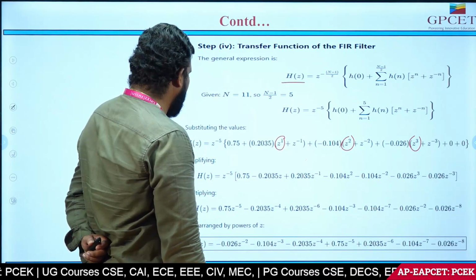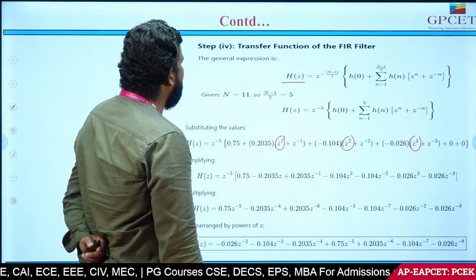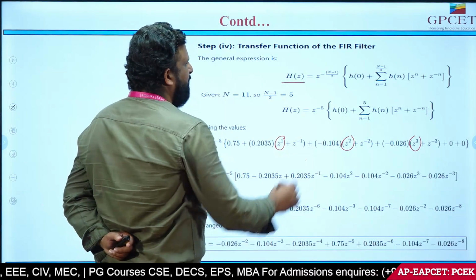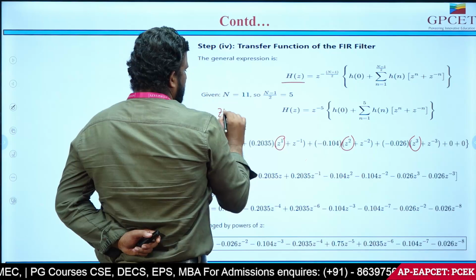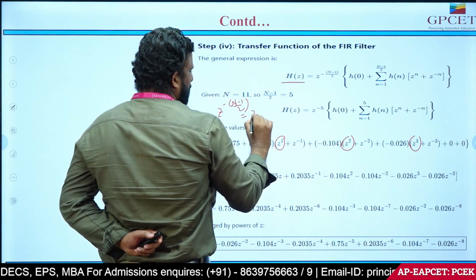So we multiply this h of z with the transfer function z power minus of N minus 1 by 2, that is equal to z power minus 5.